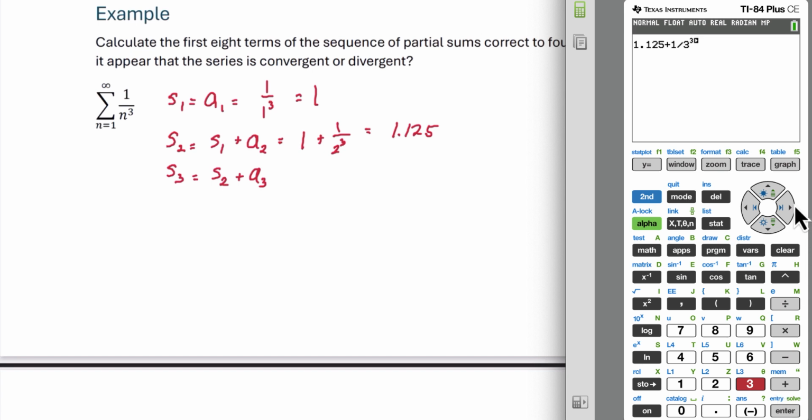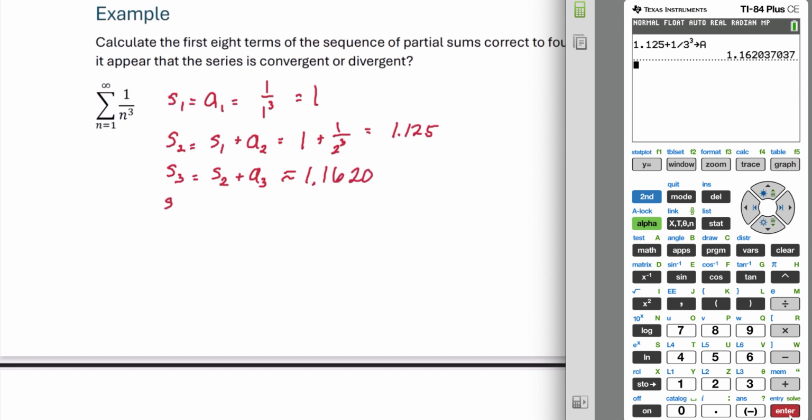And I'm going to store this in a variable because we want to reuse this number. So I'm going to store this in alpha A. So we get 1.1620.